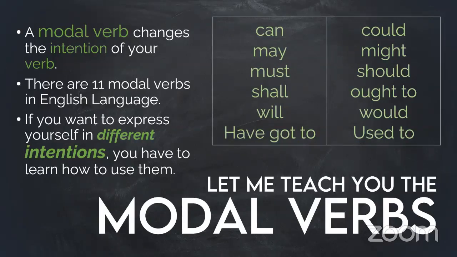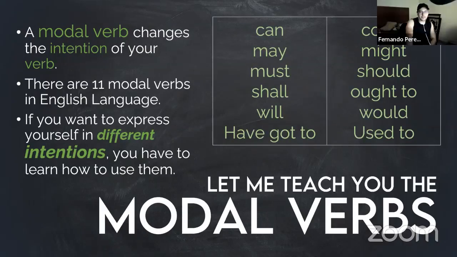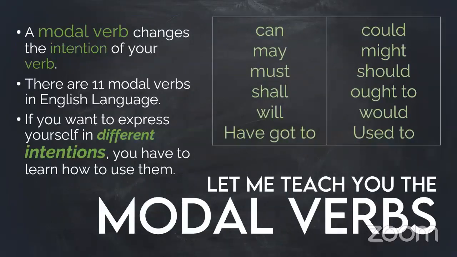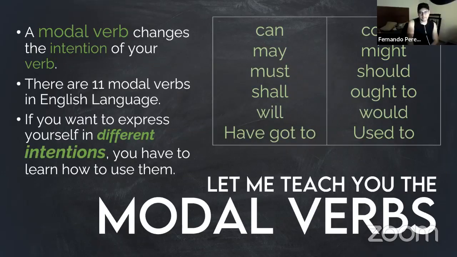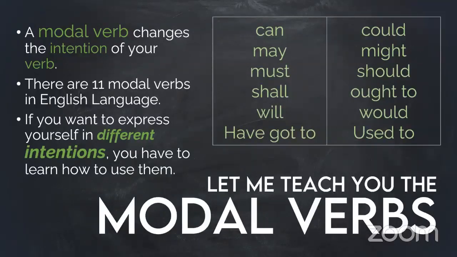There are 11 verbs. You are muted. There are 11 what? Yes, sorry. There are 11 verbs. No, there are 11 modal verbs in English language. Excellent. If you want to express yourself in different intentions, you have to learn how to use them.